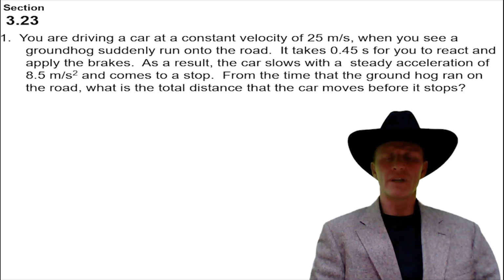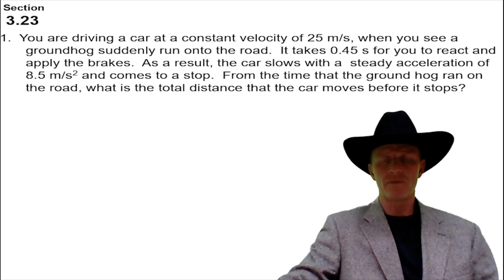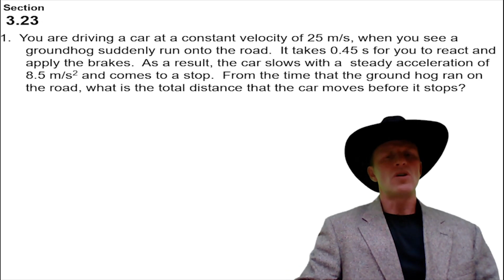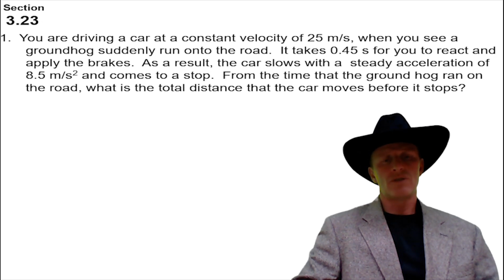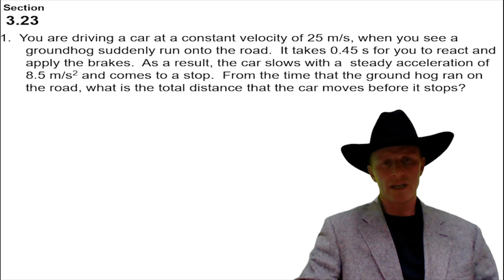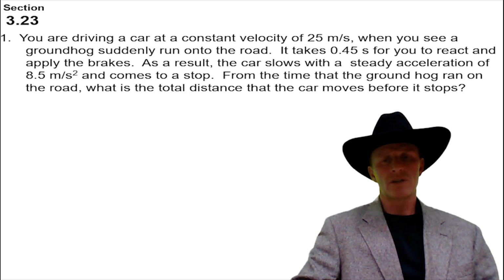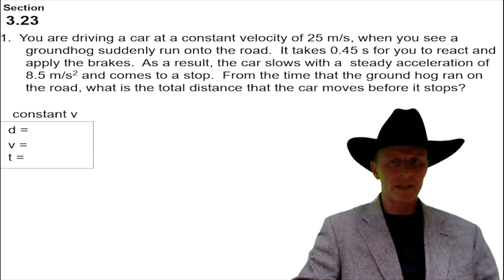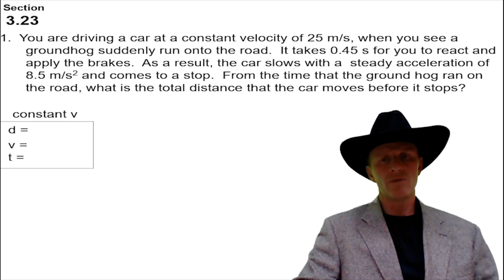So we're still moving at 25 meters per second during that 0.45 seconds. And then once you get your foot onto the brake, you start to accelerate and slow down. The spacing gets closer together, which means a big box. So we start with a little box in this problem, the evenly spaced dots, and then we go into changing space. So that's a big box.